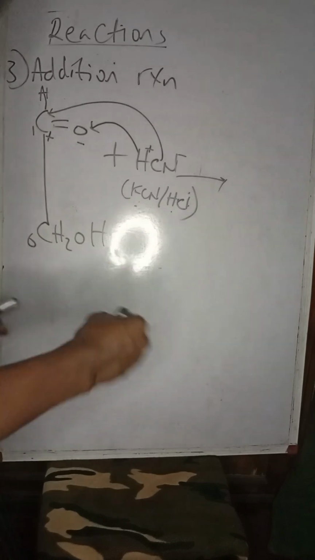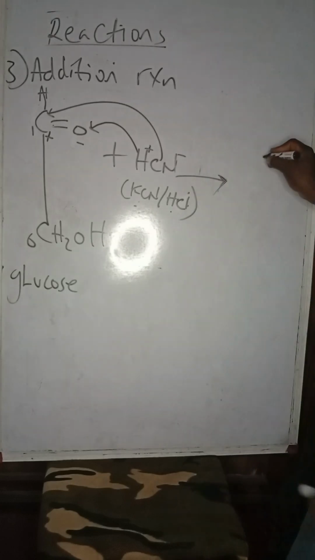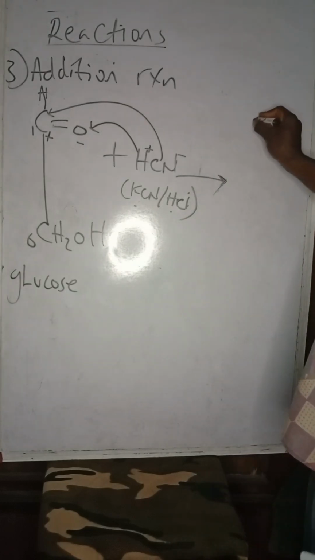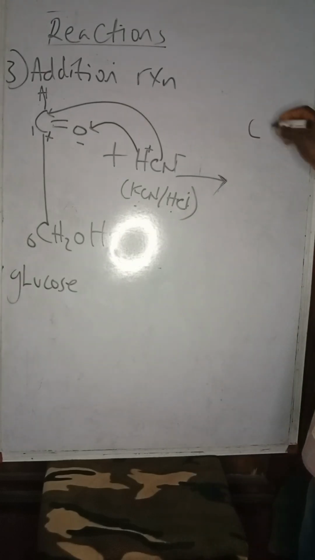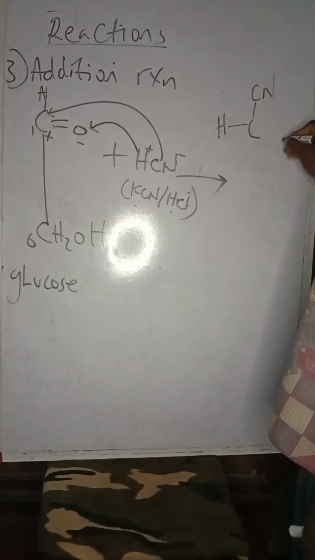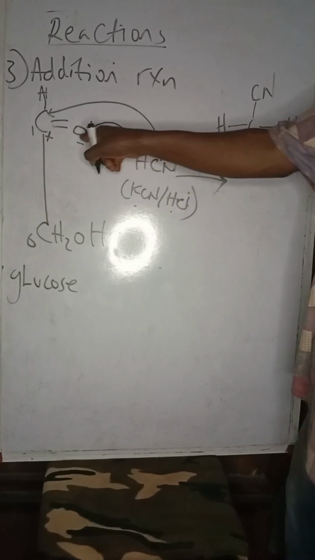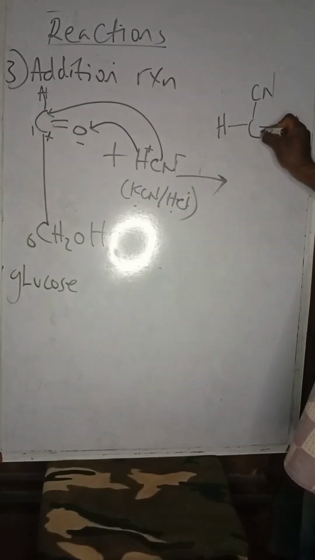So at the end of the day, if this is glucose, I just showed you carbon 1 and 6. Now what's going to happen is that, let me take my H here. CN will be added to this carbon and will form OH here, because the H takes the O. So the double bond is going to break. One of the bonds has broken.